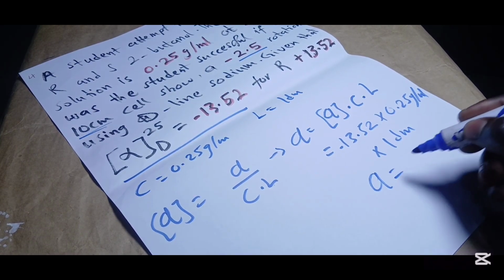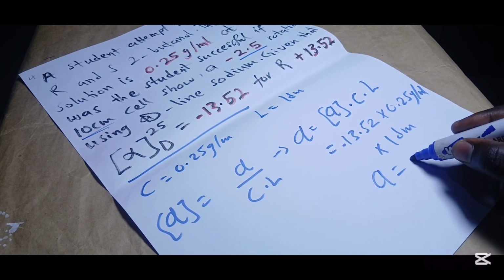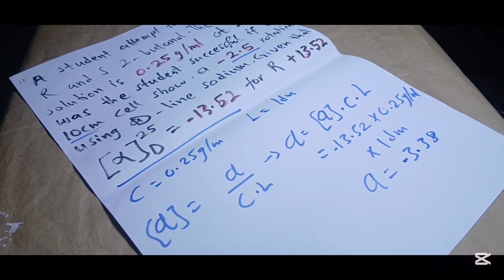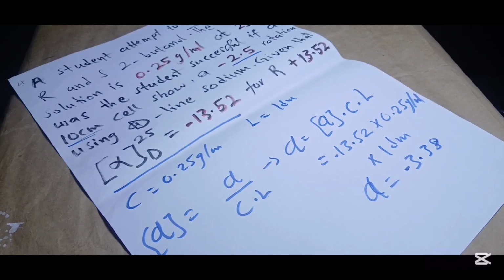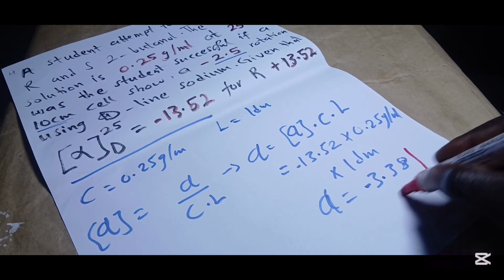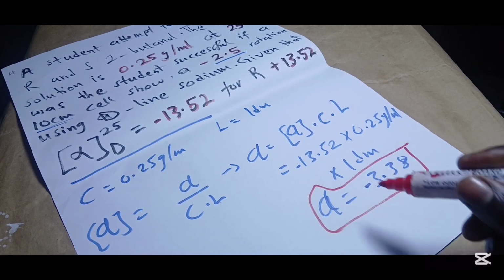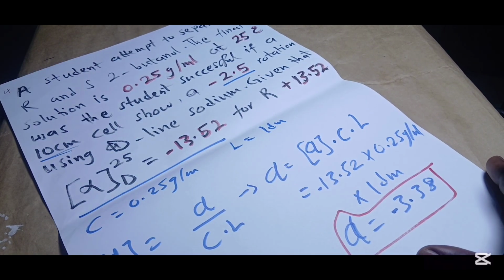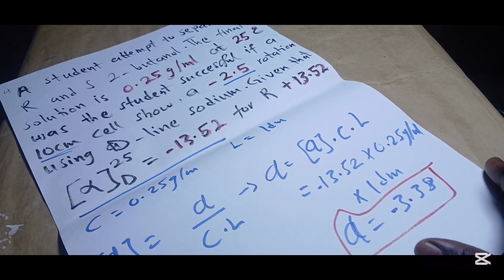So this is going to give us minus 3.38. This is the ideal observed rotation that will give you this specific rotation. But the student had his observed rotation to be minus 2.5.